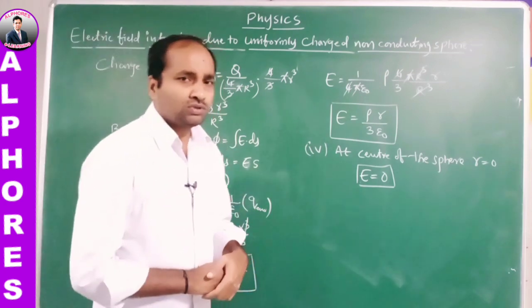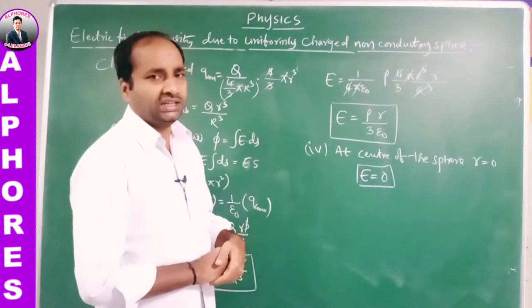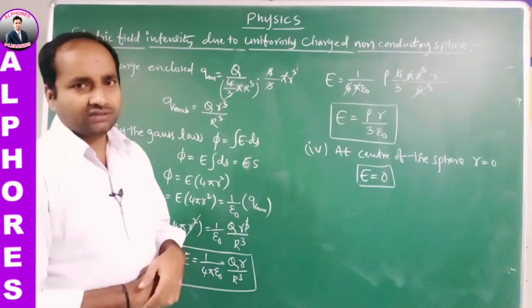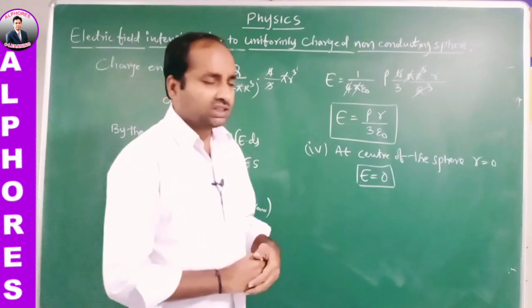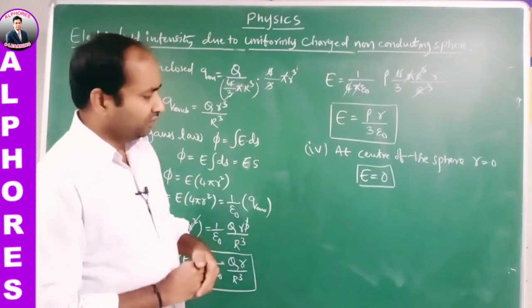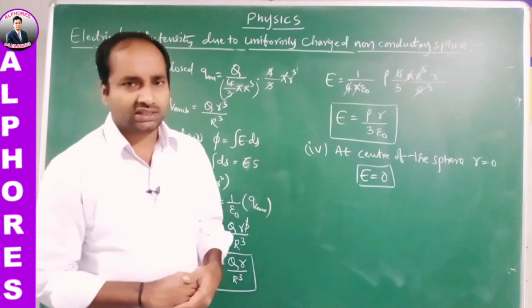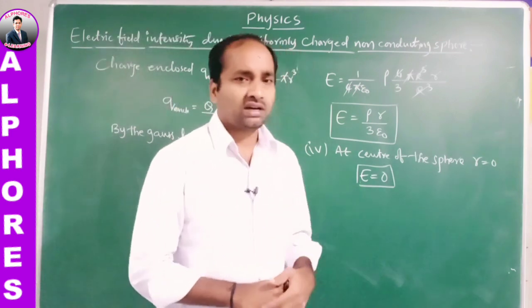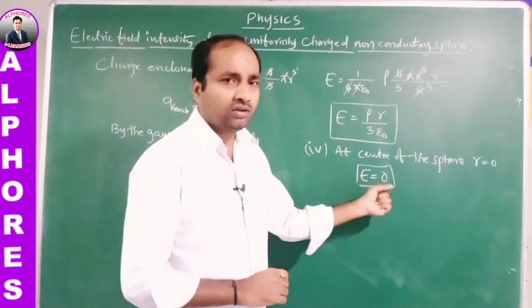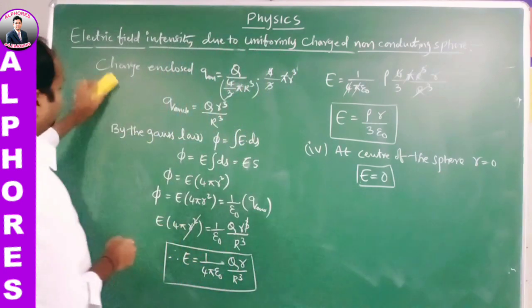Now suppose we plot a graph between the electric field intensity and the distance. What is the shape of the graph? Whenever we plot a graph by taking electric field intensity on the y-axis and the distance of the point on the x-axis, the graph will be like this.